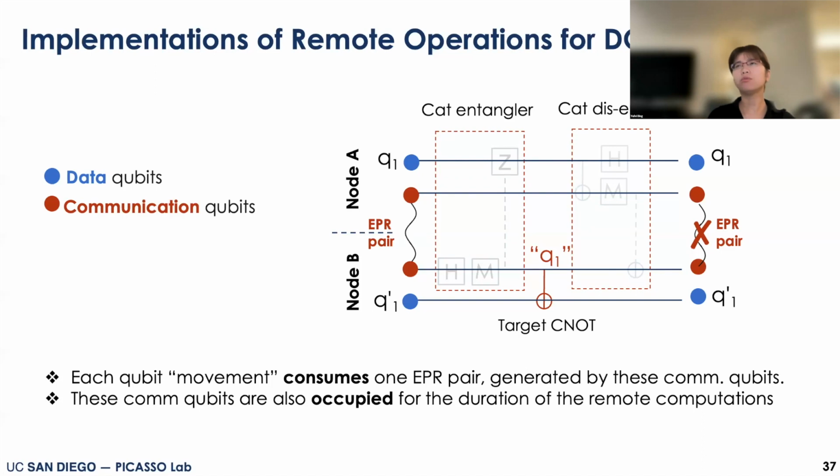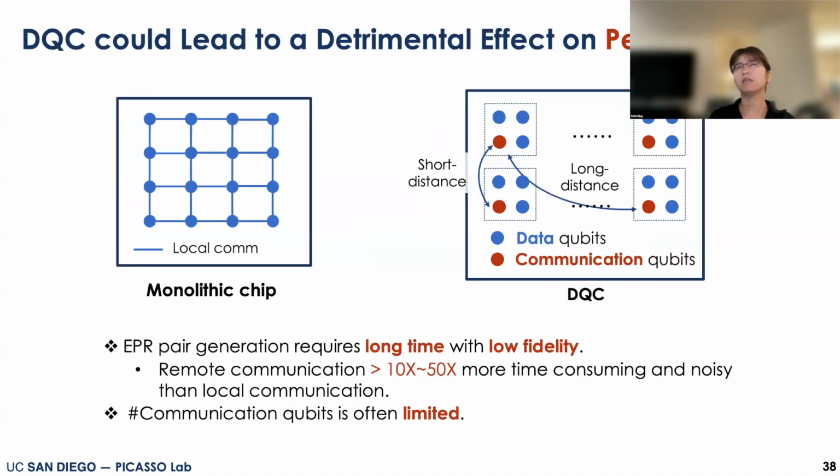So if you want to do another remote gate, you have to let the communication qubit generate another EPR pair. It turns out that this process is a major issue that could lead to the bad performance of DQC. Especially, EPR pair generation requires a super long time and has low fidelity compared to the local ones. It can be 10 to 15 times worse.